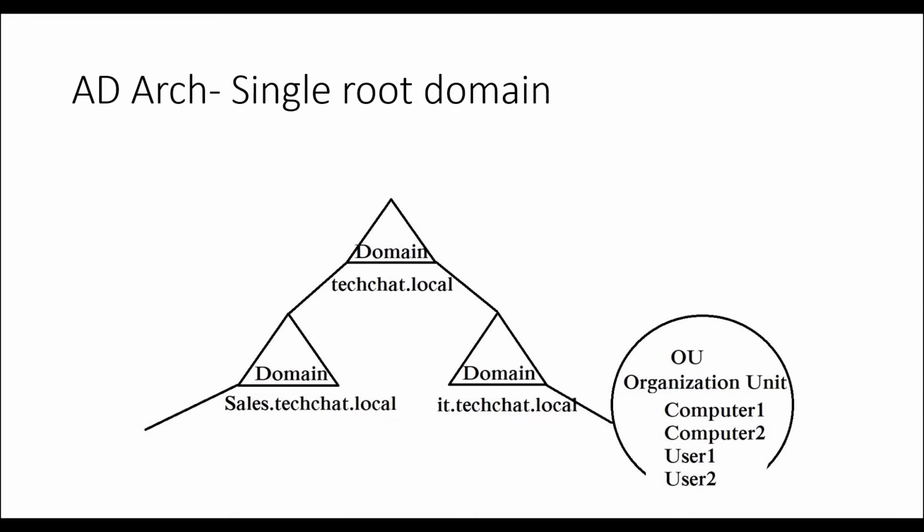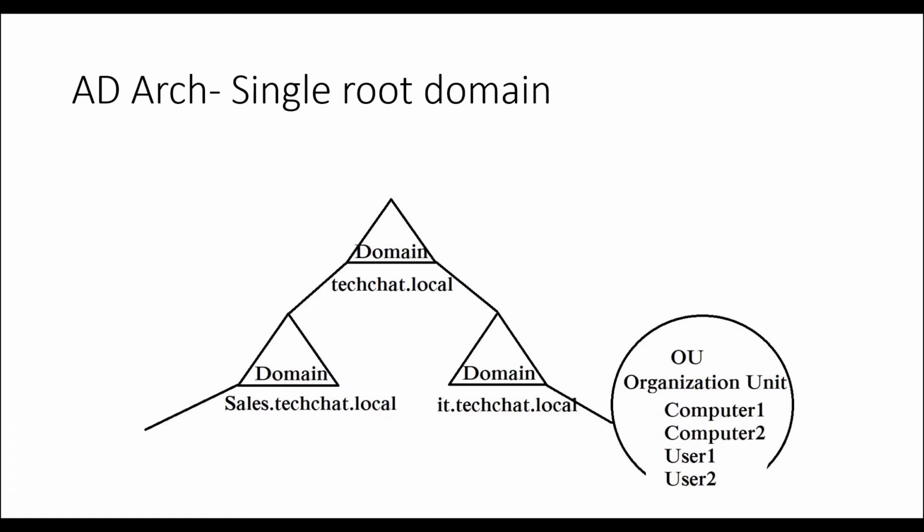So here you can see the domain techchat.local. Under techchat.local we have a tree to it.techchat.local, the child domain. Under it.techchat.local you can have an organization unit, and under the organization unit we have created computer 1 and 2, and user 1 and 2. So this is an example diagram.